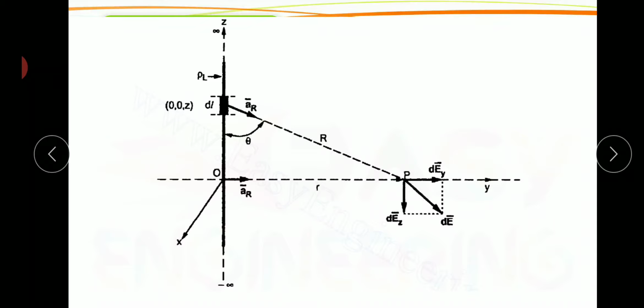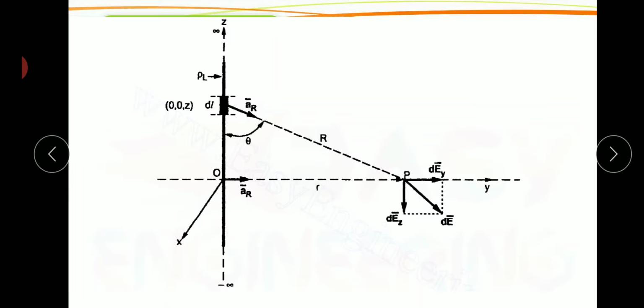Now let us assume a smallest length, a differential length dl, and due to this differential length an electric field is developed around it. Let us assume a point P along the y axis at a distance r from the differential length and at a distance small r from the origin. Now we have to find the electric field intensity at the point P due to this infinite line charge.